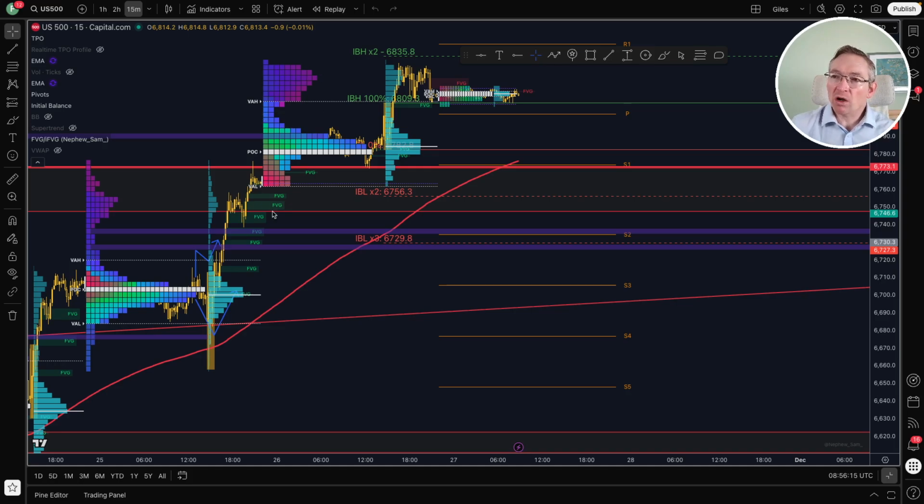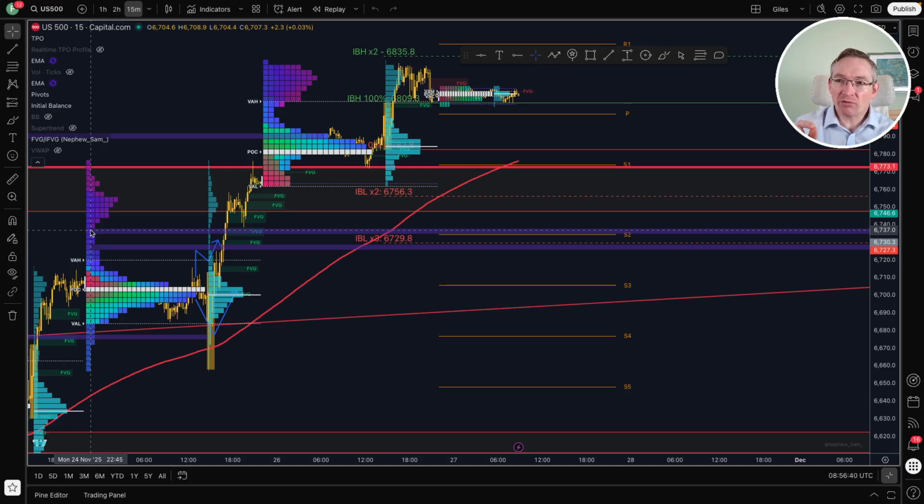The way this works is each block on this kind of sideways mountain represents 30 minutes of time. So for instance, you can see here, price traded in the S&P 500 at that 6737 region.